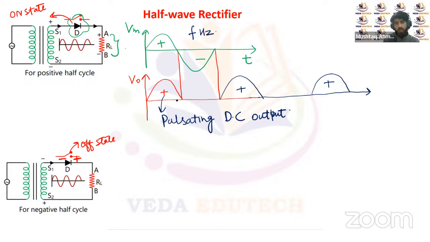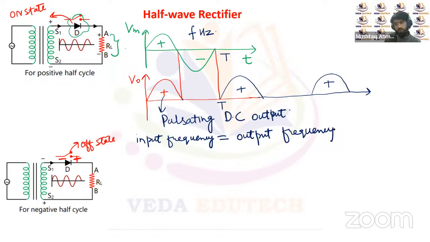You can see here the cycle is completed for the output voltage in the same time. So if F is the frequency and T is the time period, then T is also the time period for the output in case of a half wave rectifier. Or we can say the input frequency is equal to the output frequency in case of a half wave rectifier.